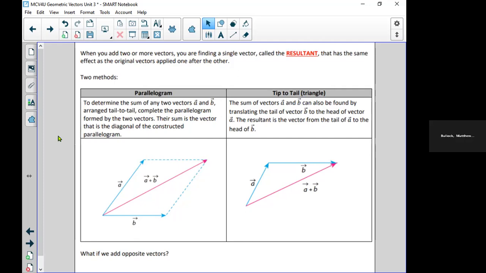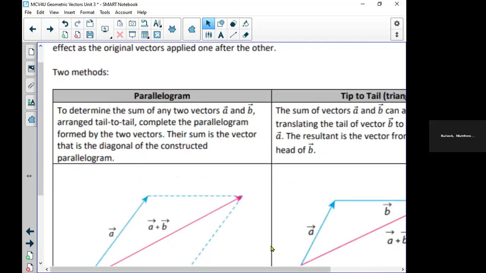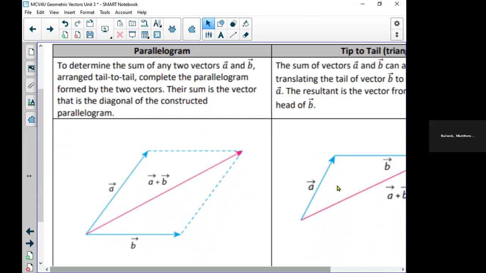So we're going to be talking about operations with vectors. Let me just make this first one a bit bigger so we can see that a little bit more. Okay. So if we're determining the sum of any two vectors A and B, if they're arranged tail to tail, so this is one way you can do it, connect the tails of the vectors together, okay? And you're going to complete the parallelogram formed by the two vectors. So basically, the top of that parallelogram will have the same magnitude and direction, and will be parallel to the base of the parallelogram, and same with the other side, right?